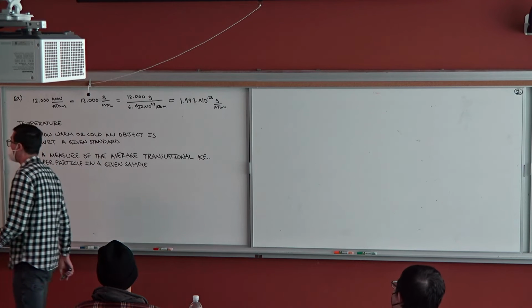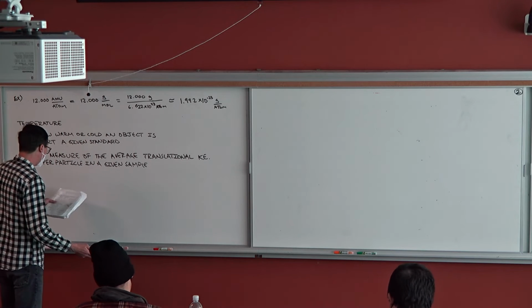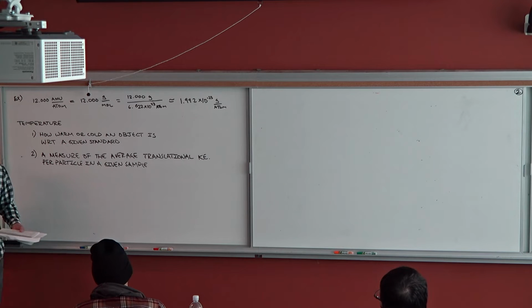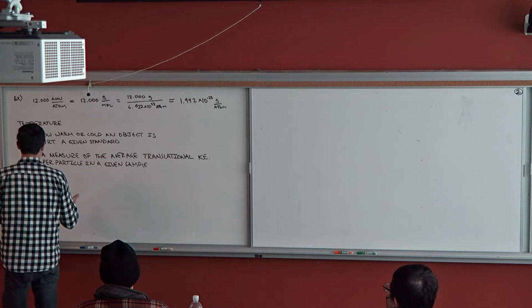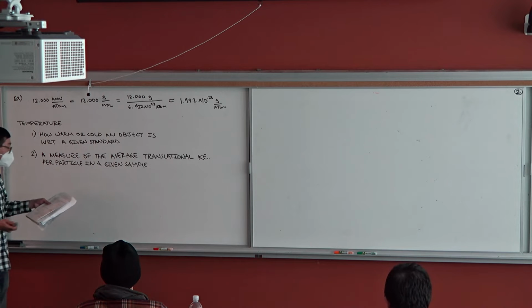And so I'll give you the following. Since we were just saying that a lot of material properties are temperature dependent, we're going to use water to describe a lot of this stuff.